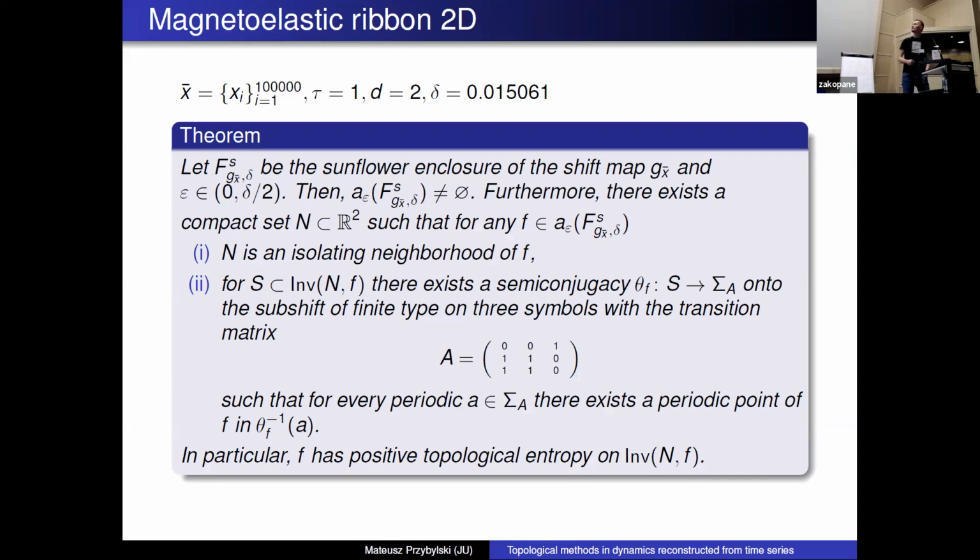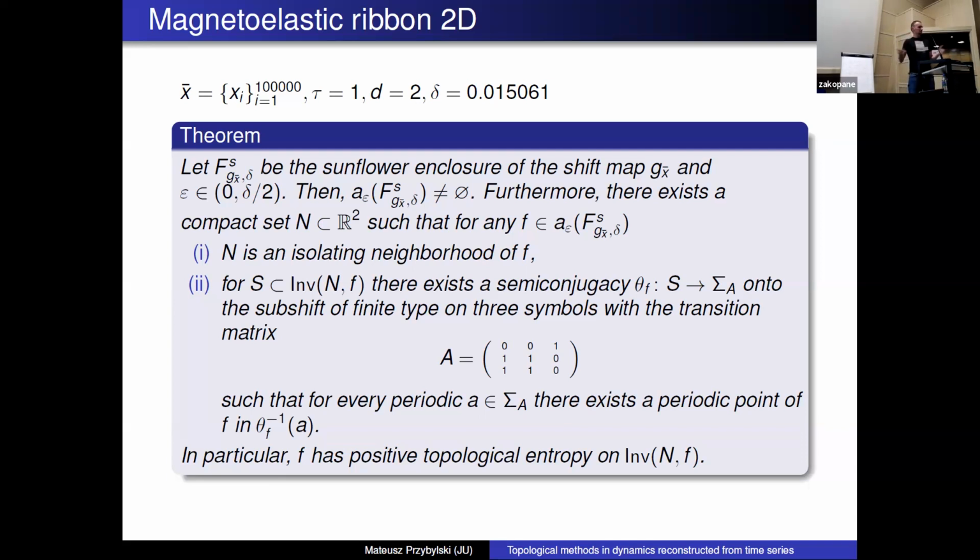Okay, we also have a result for a physical experiment, namely the magnetoelastic ribbon. I will describe it, but if you have some question about the details, please look to the references. I am not sure if I understand correctly what they did. But the magnetoelastic ribbon is a kind of strip of metal whose Young modulus is changing in a varying magnetic field. Young modulus is responsible for the stiffness of the material.